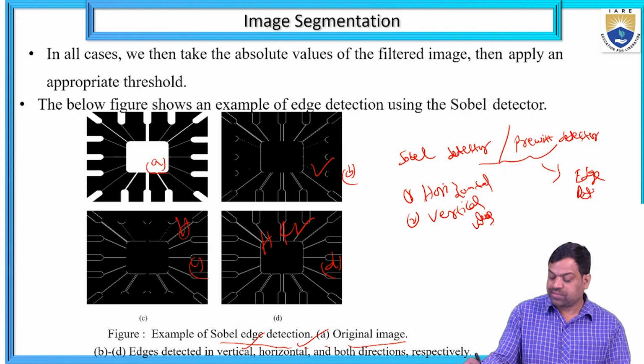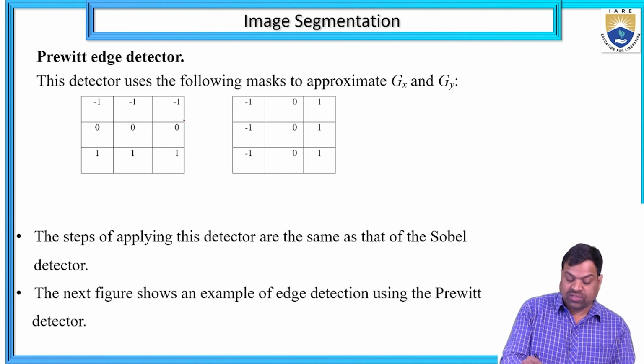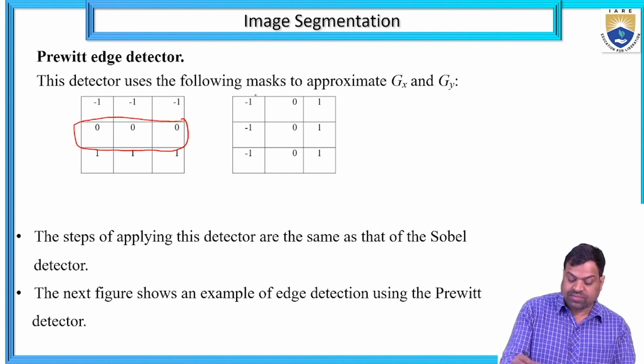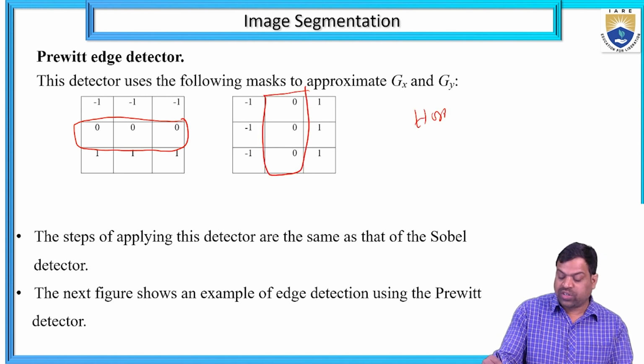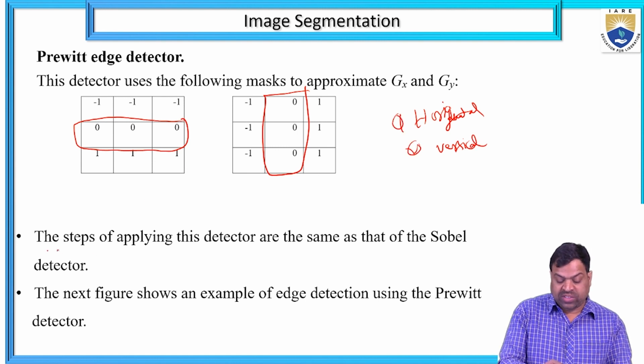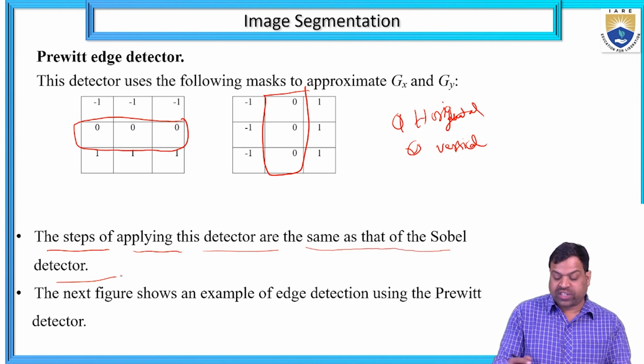The Prewitt edge detector uses the following masks to approximate Gx and Gy, with horizontal and vertical values. These are the steps for applying this detection, the same as for the Sobel detector.